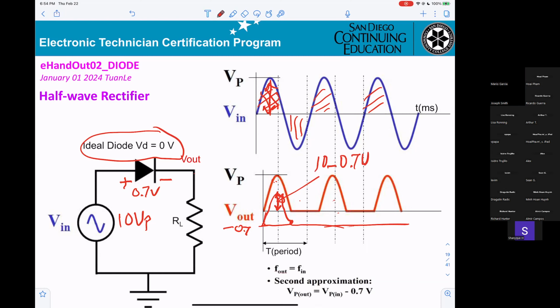The reason why is that when you measure V peak, you measure from 0 up to the top. However, this signal starts from minus 0.7.